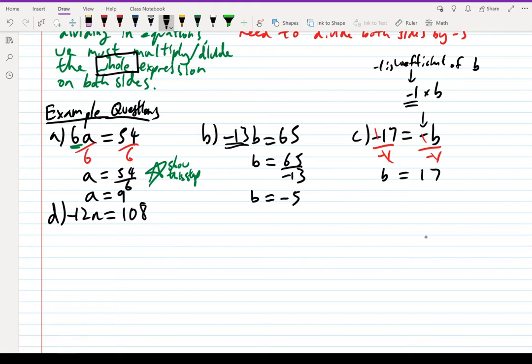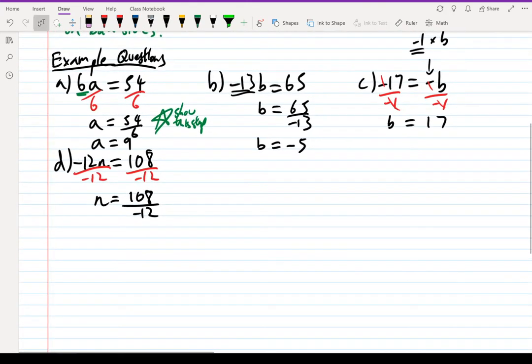Now, last part, D, we want to get rid of the -12, so we're going to divide both sides by -12. And so now n is equal to 108 divided by -12. Show your working out. This is where we show the working out.